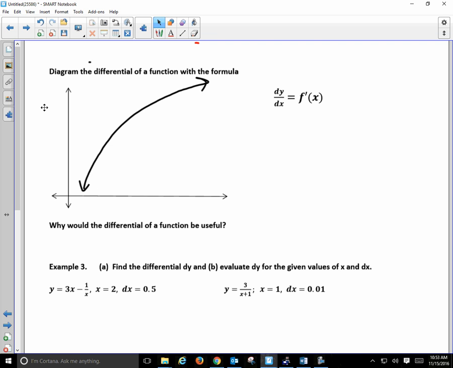So if I pick a value, say x, and I draw the tangent line, a function has a certain change ascribed to it.